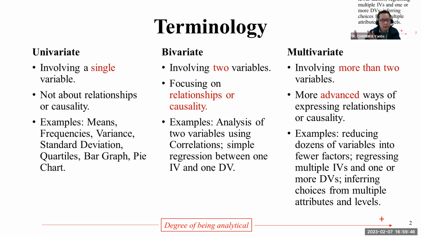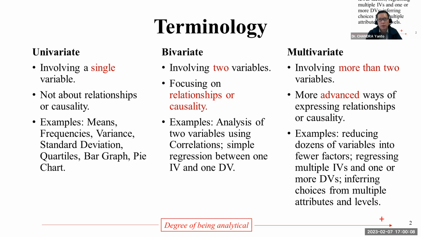A more advanced type is called multivariate statistics. This is where the statistics involve more than two variables, and it is perhaps considered a much more advanced way of explaining relationships or even testing causality.